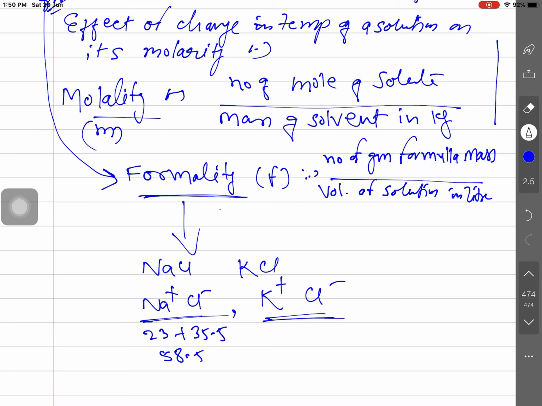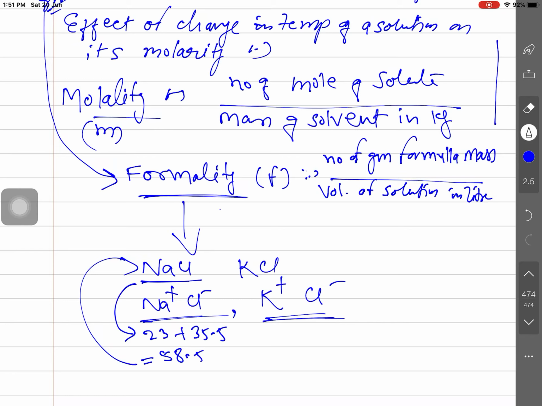Formula mass is the sum of the atomic masses of the atoms in the formula of the compound. This is called formula mass.